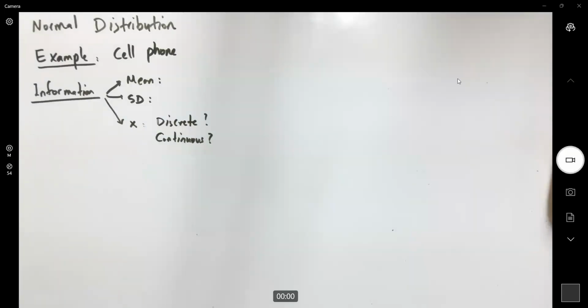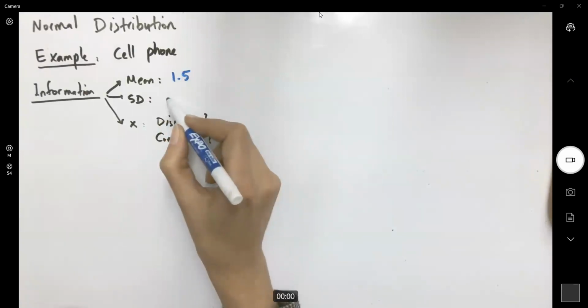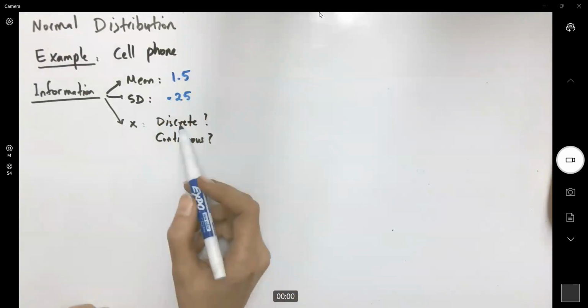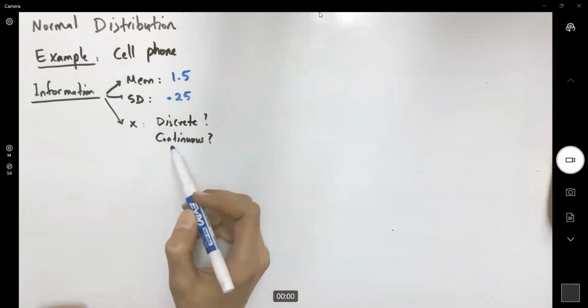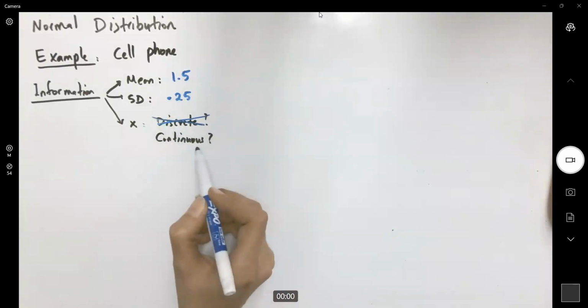So what's the mean of this data set? The mean says I have 1.5 years. What is the standard deviation? 0.25 years. Is this discrete? Is this continuous? The question says I have a continuous random variable.